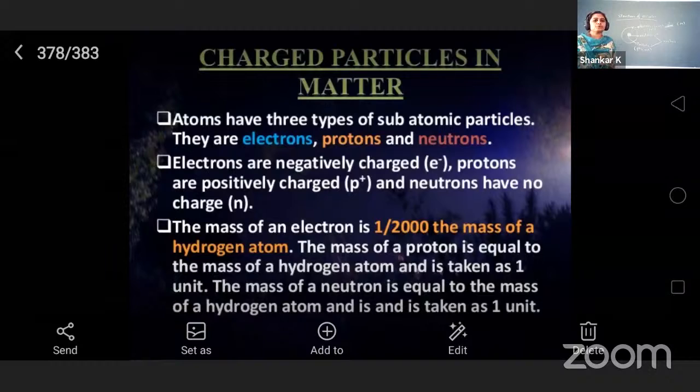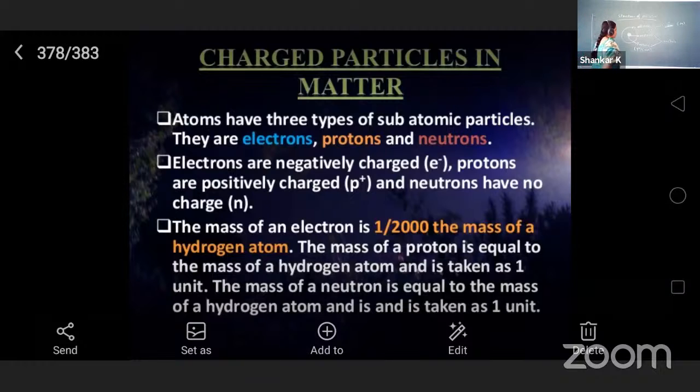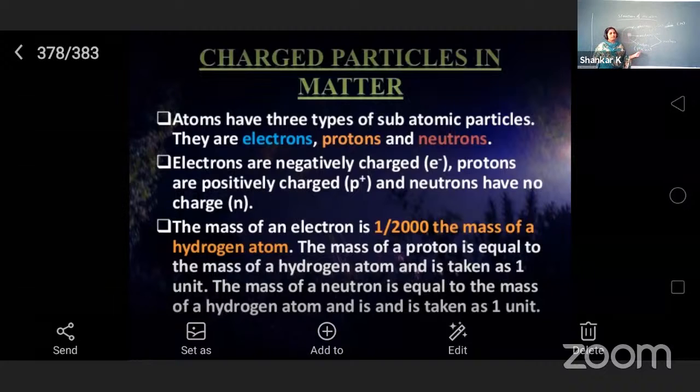Here, the mass of a proton is equal to the mass of a hydrogen atom. So the proton also has the same mass, taken as 1. The mass of a neutron is equal to the mass of a hydrogen atom.